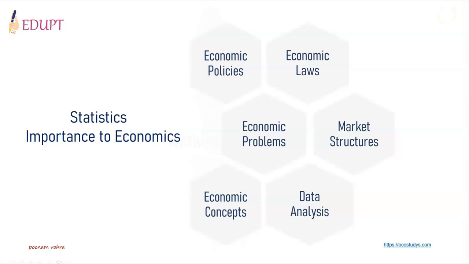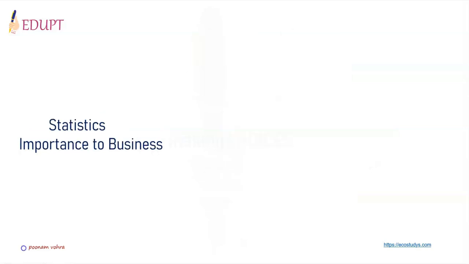So, statistics help in framing economic policies, in formulating economic laws, in understanding the economic problems and solving economic challenges, analyzing the trends of market structures, understanding basic economic concepts, analyzing data to interpret and then finally make policies. Every government organization and private organization uses data to formulate its policy and do adequate planning.